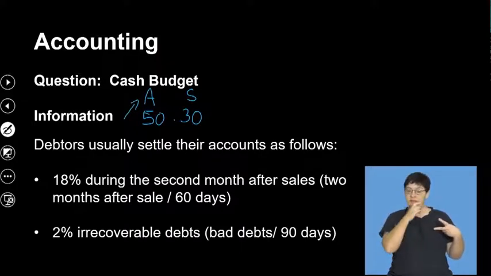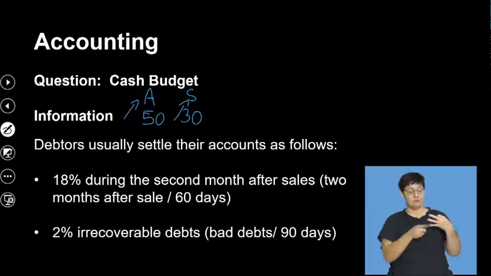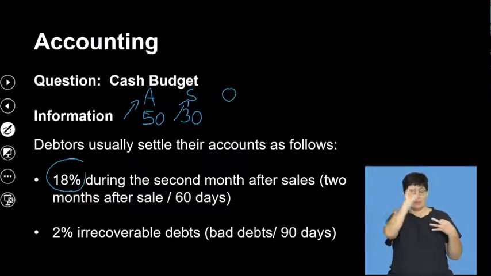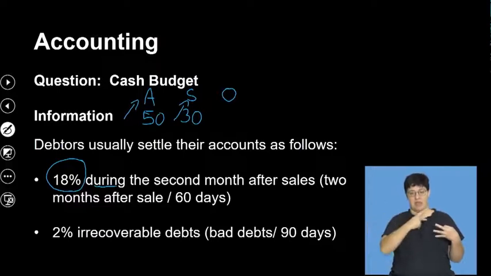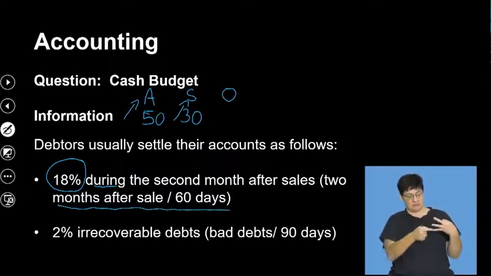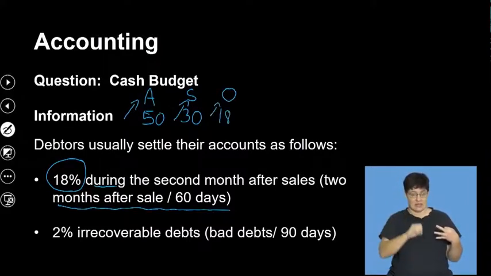September was the 30%. They're settling in September. Now we come to the third month, which is October, right? And 18% of your debtors will settle during the second month after the sale month. That means 2 months after the sale, which is your 60 days. So clearly you can see the 18% is now in the month of October.